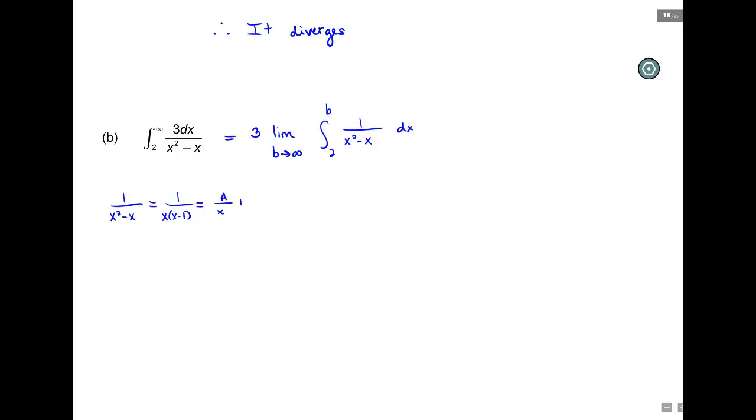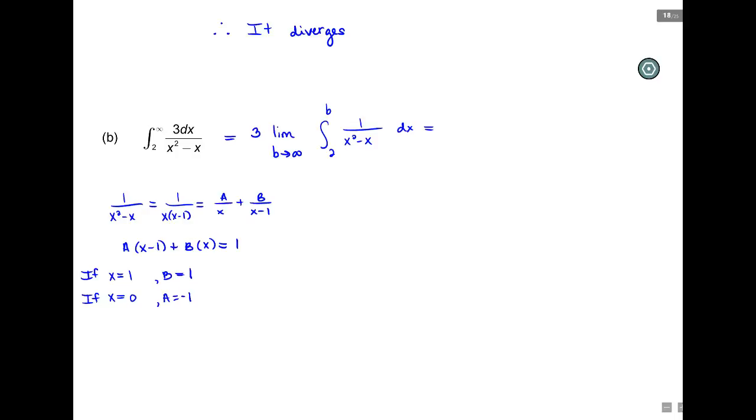I have A over x plus B over x minus 1. So I have A times x minus 1 plus B times x. That has to be equal to 1. So if I let x equal 1, I get B equals 1. If I let x equal 0, I get A is negative 1.